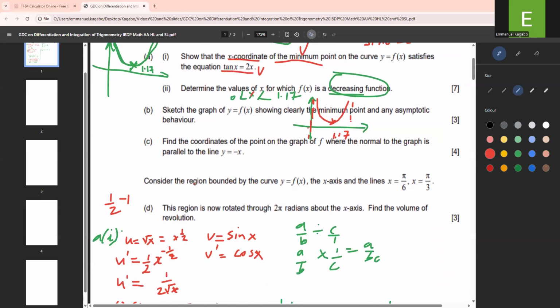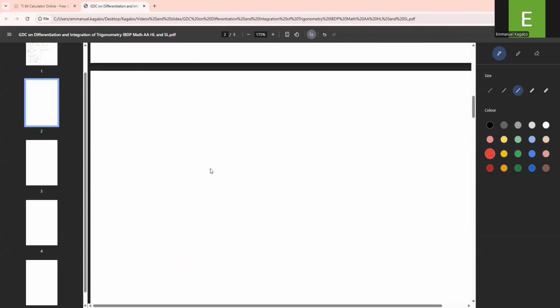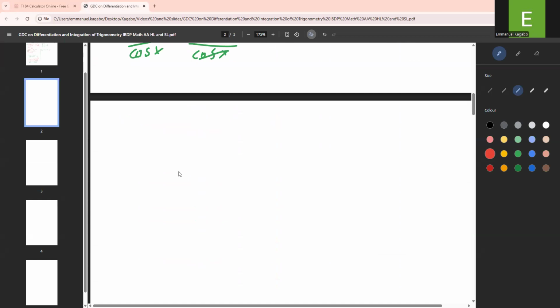Fast forward, okay? Now we are trying to do the next question, question C. They say, find the coordinates of the point on the graph of f where the normal to the graph is parallel to the given line.